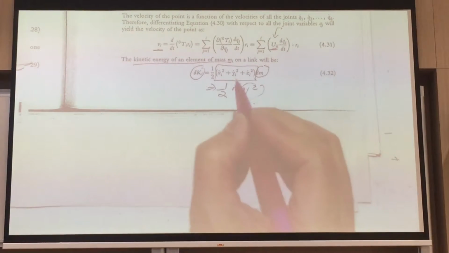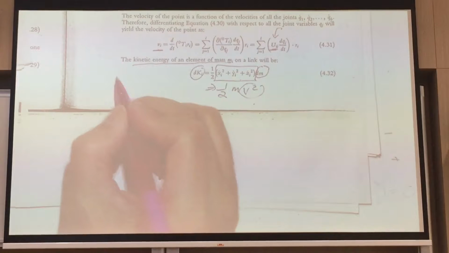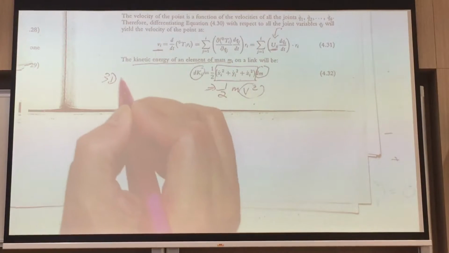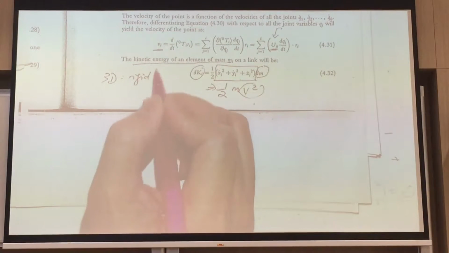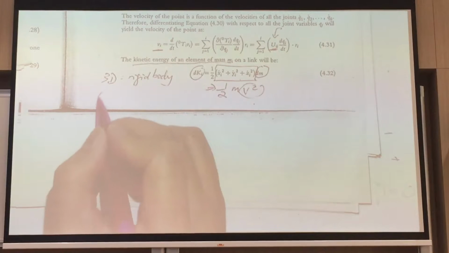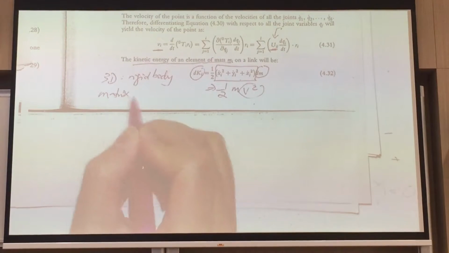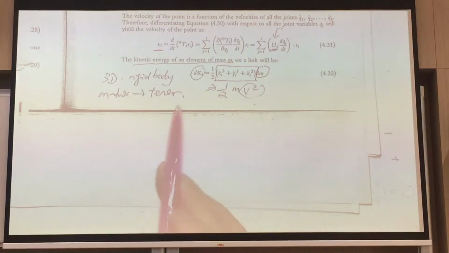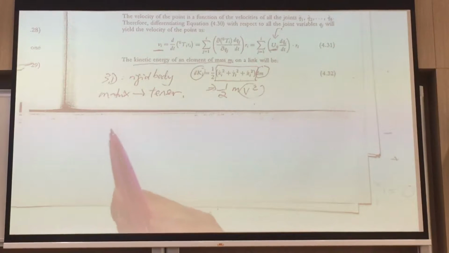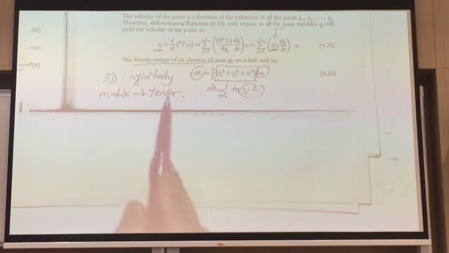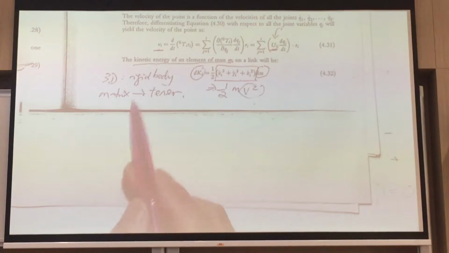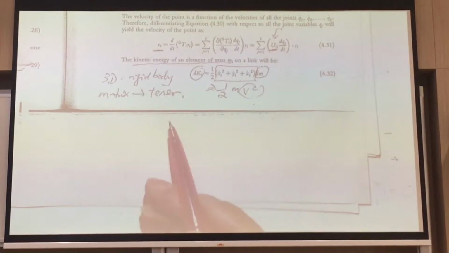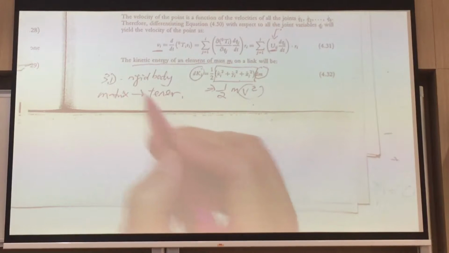Okay, in 3-dimensional, 3D, or rigid body, the matrix becomes a tensor. I will not go into the details of the mathematics. It's quite complicated, but if you are interested, we can discuss about this. But bear in mind, now it is 3-dimensional.